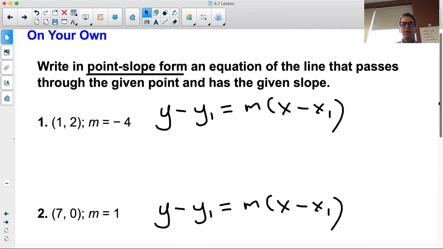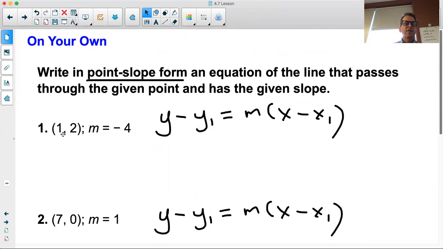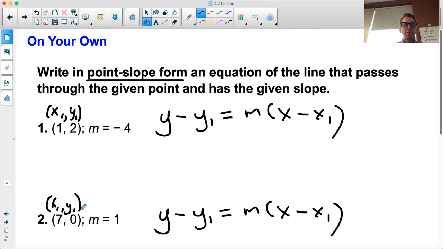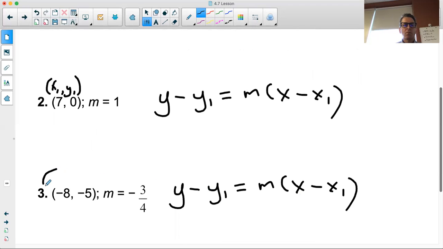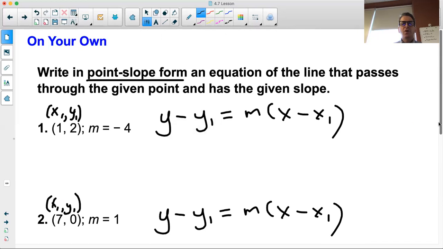As we do these together, you will notice that the point on all of these is considered the x1 and the y1.